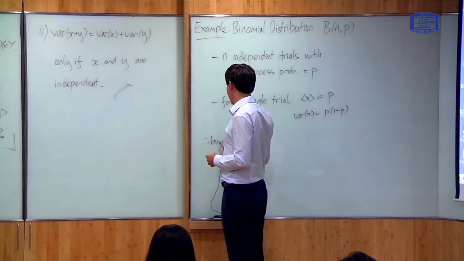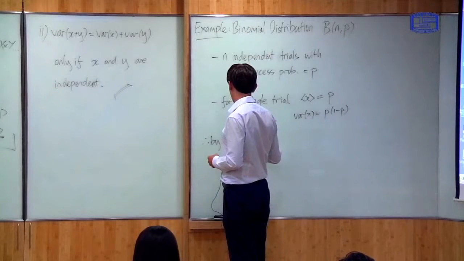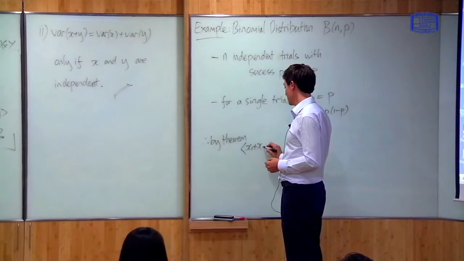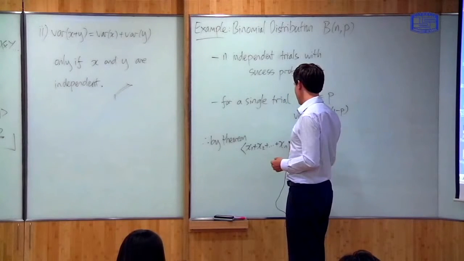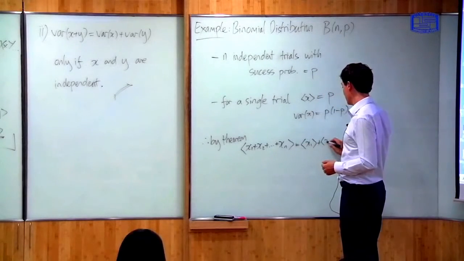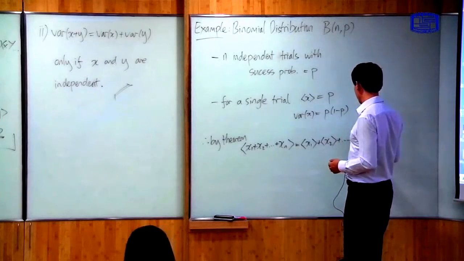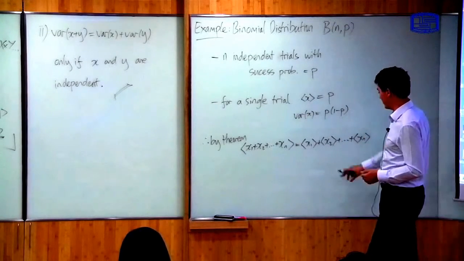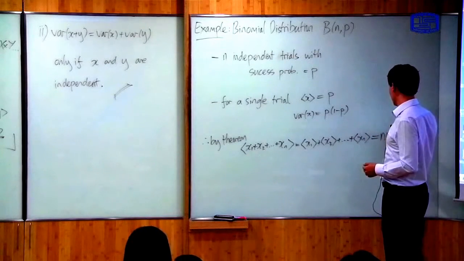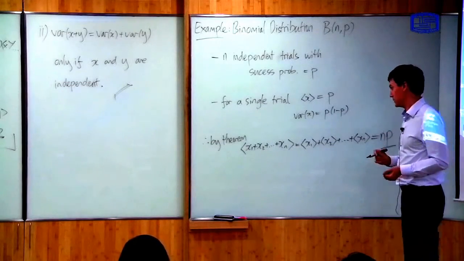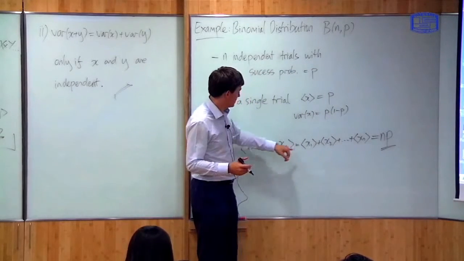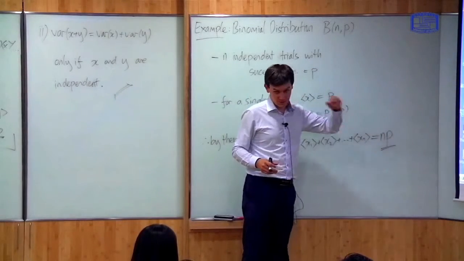So therefore, by the theorem, the mean of the sum, the total number of successes, X1 plus X2 plus up to Xn, is equal to the mean of X1 plus the mean of X2 plus up to the mean of Xn. They're all equal to p, so the mean is just equal to n times p. Sorry, it doesn't matter that they're independent for the mean. The mean of each of them is p, so the total is np.